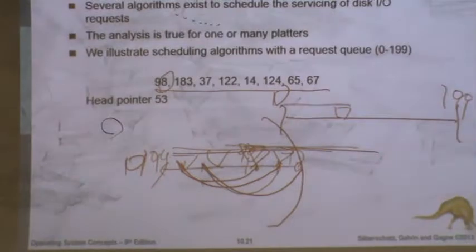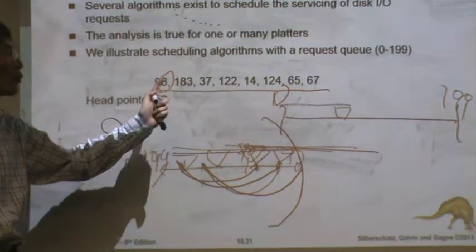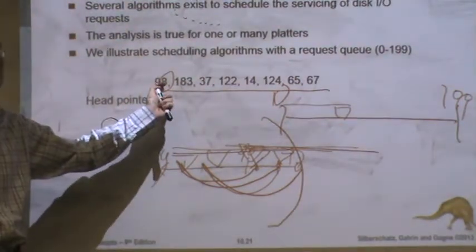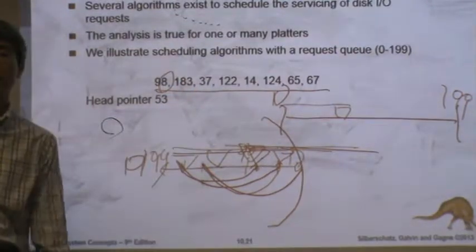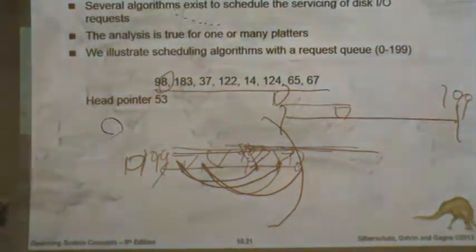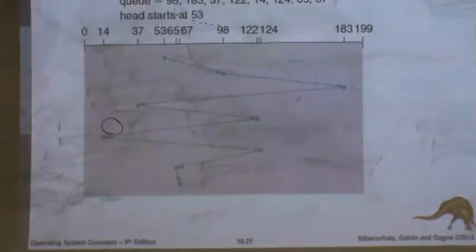First in, first out, which means 98 is the first in, so we will access 98 first. Then 183, 37. Obviously, this is not the optimal solution, but the simple solution works because it's simple to implement. That is first come, first served, the disk scheduling algorithm.